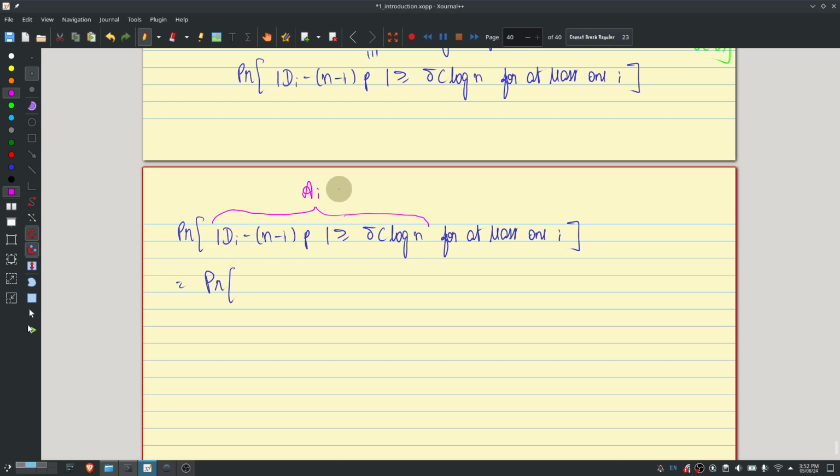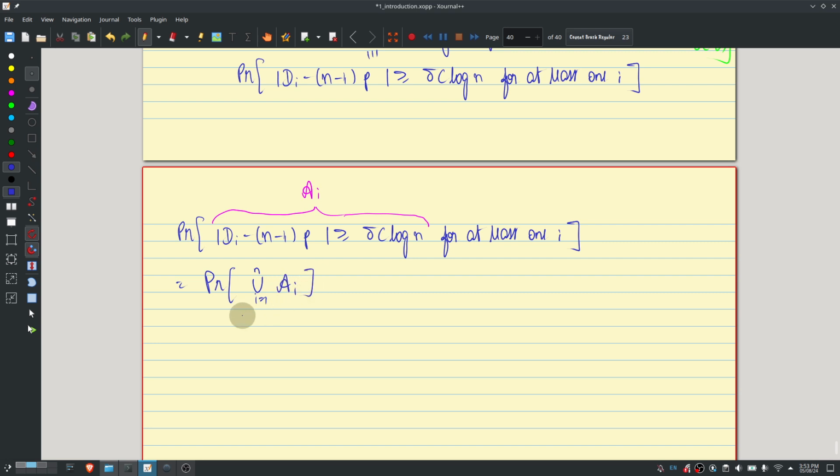How can I describe this big event in terms of the individual events? What kind of an operation am I performing? Union. It's a union, right? So I want to find the probability that at least one of the A_i's occurs, and that is simply a union of events. So this is equal to simply the union over i equal to 1 to n of A_i.